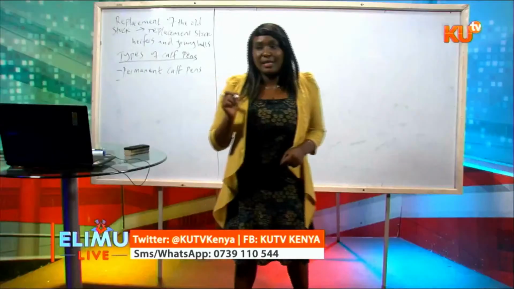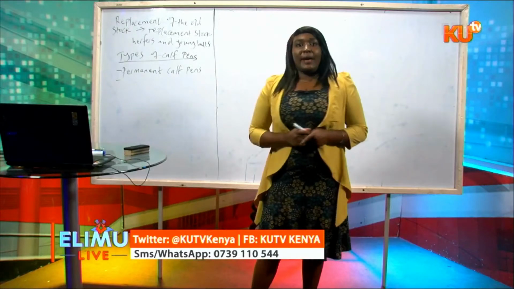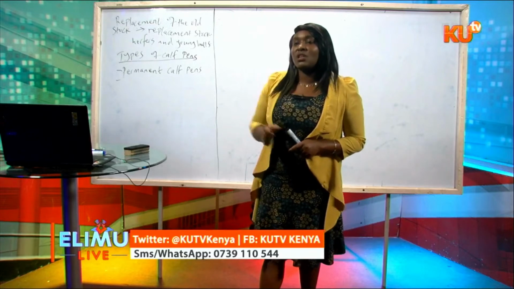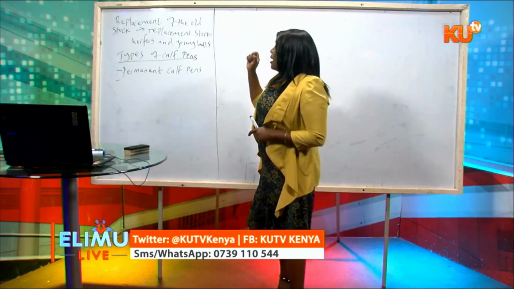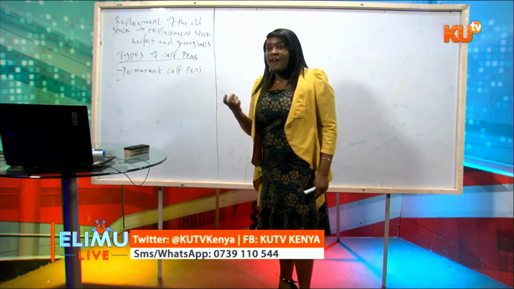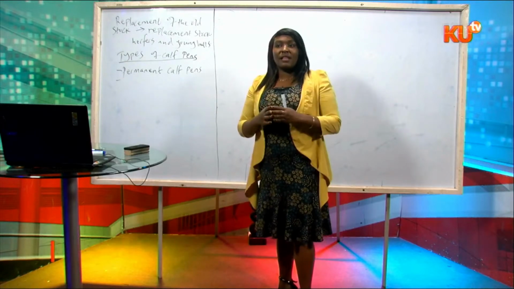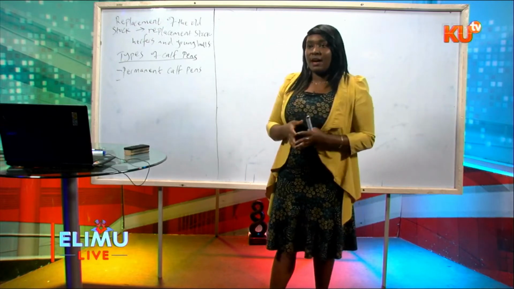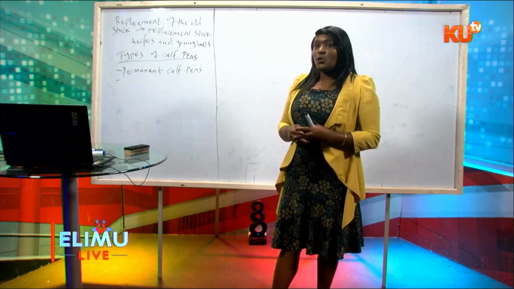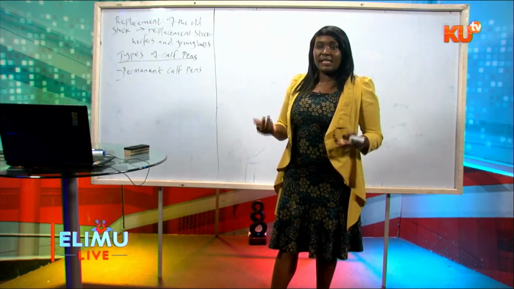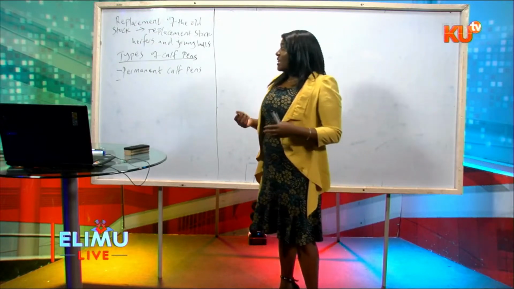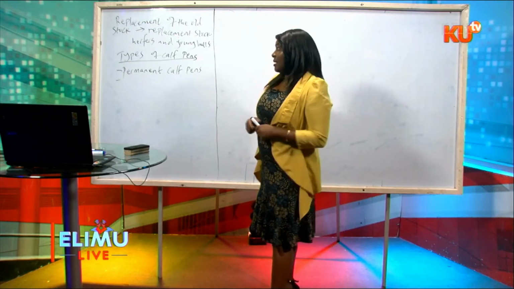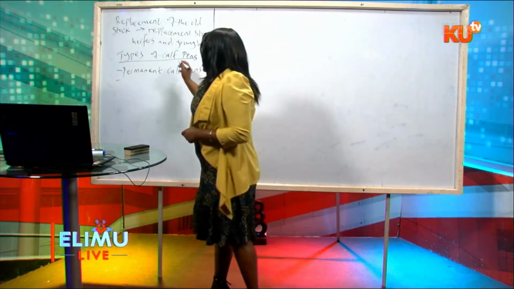I want to remind you, dear learner, that a calf pen is a house, or a farm structure that is constructed in a farm to accommodate the calf, to protect it from bad weather, from excessive sunlight, to make sure that it is in a safe place where it cannot be stolen, to ensure that it is not affected by weather elements like the rain. So that is what a calf pen is.